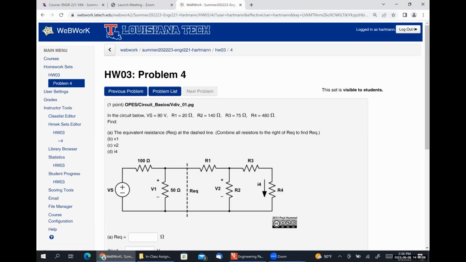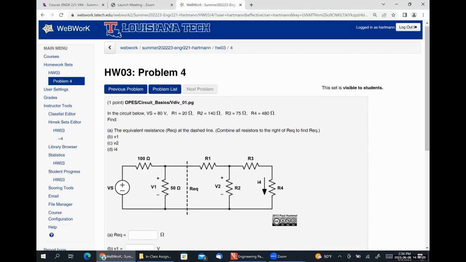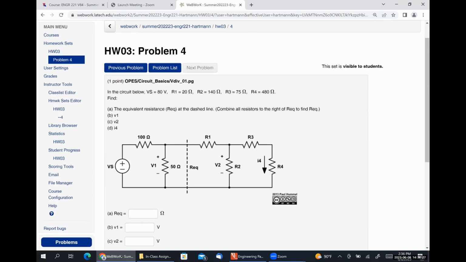For this problem, this is kind of illustrating how you can use equivalent resistances to make your life a little bit easier. So let me work part A and part B of this problem to show you what it's intending for you to do, okay? So we have a source voltage.